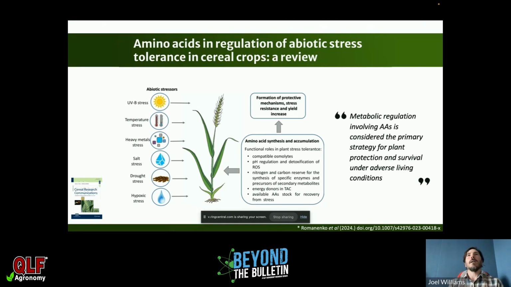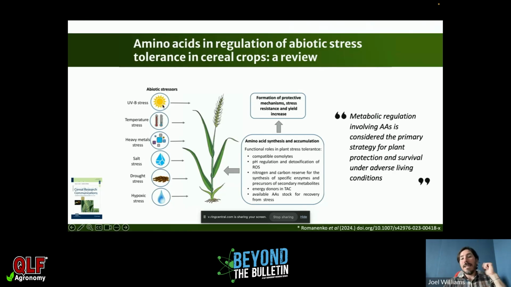Just a quick sideline before we move onwards: amino acids are also really important for stress tolerance. You name the stress, particularly the environmental stresses, amino acids play a role in all sorts of stress alleviation. That's because they can be stitched together into special proteins that help the plant deal with that stress and alleviate its symptoms.